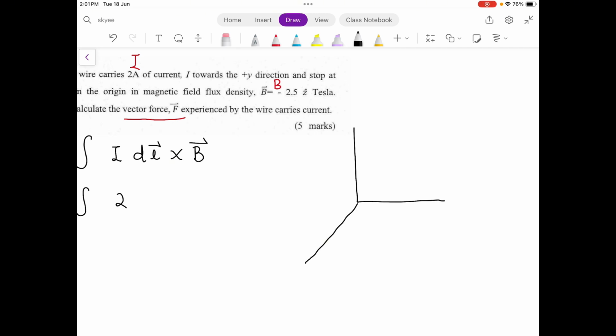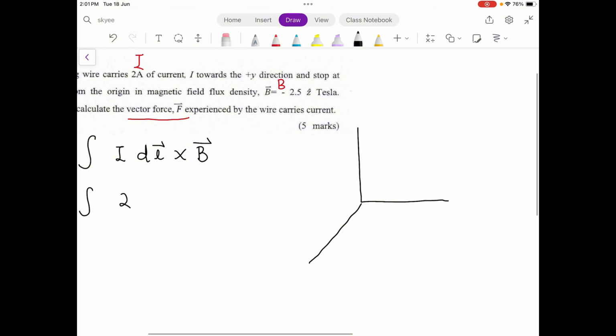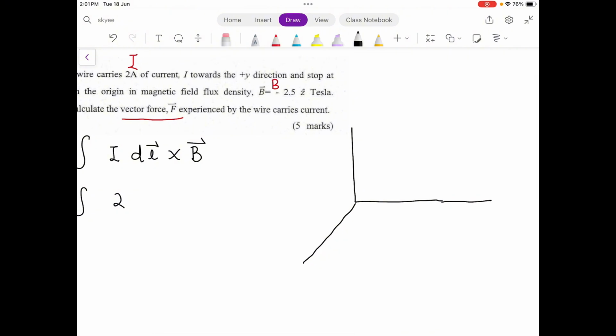The current starts from the origin until 20. So this is your I. This is the z-axis, this is the y-axis, this is 20. The B is in the negative z direction, so the B is going down like this.